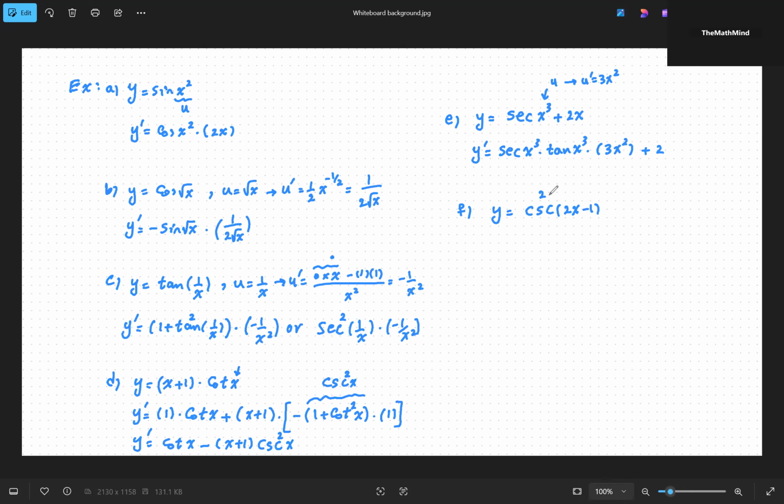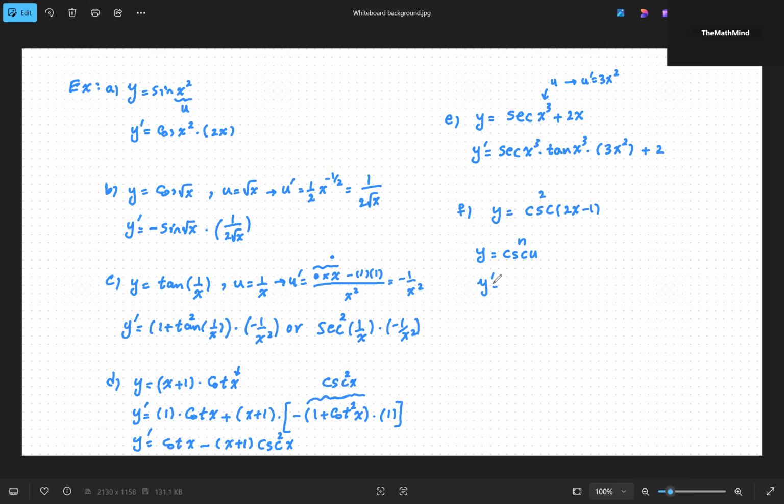You have cosecant squared, so here you have cosecant u to the power of n. So you have u as a combination of a linear function, and also you have an exponent on cosecant. How do you expand this? We're using the chain rule for the power of n, which means the combination of the power rule and chain rule.